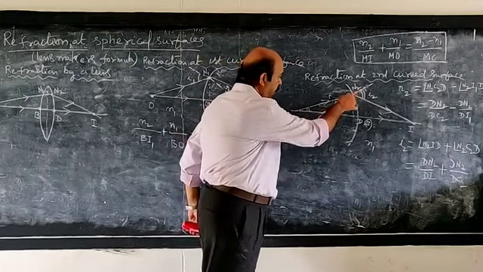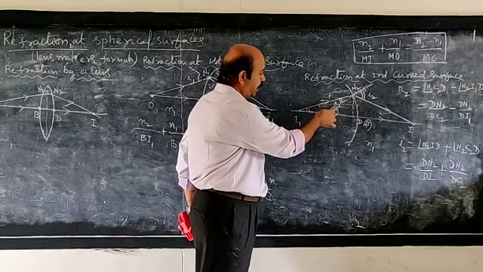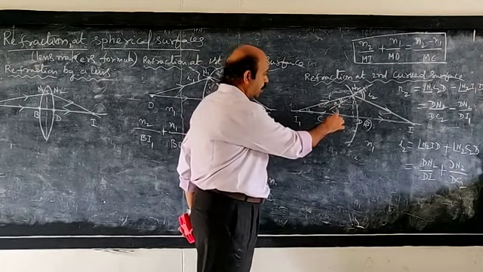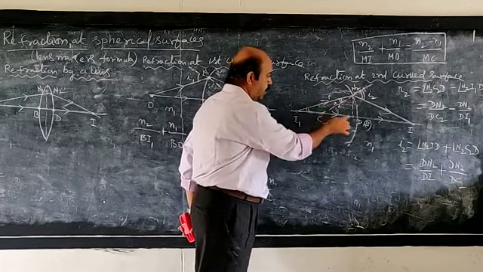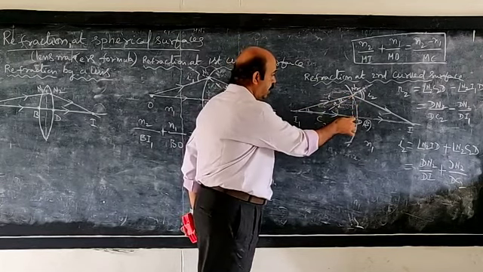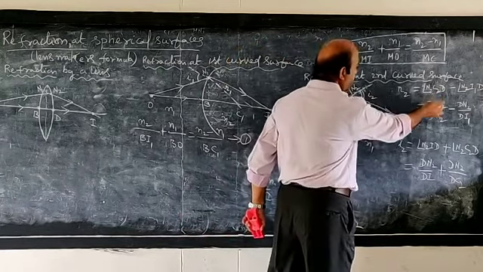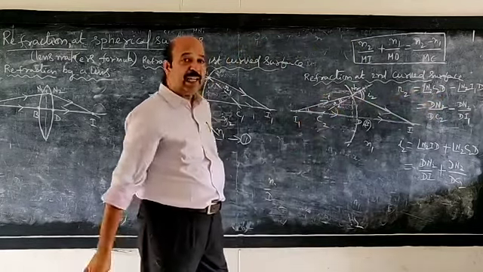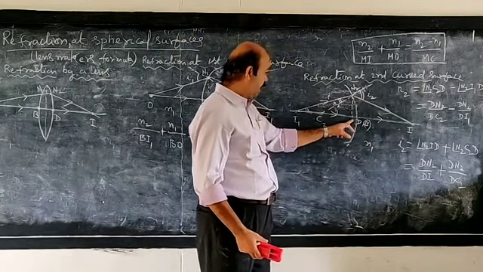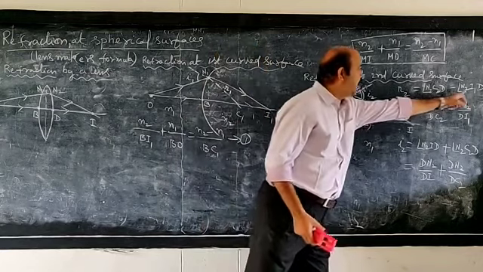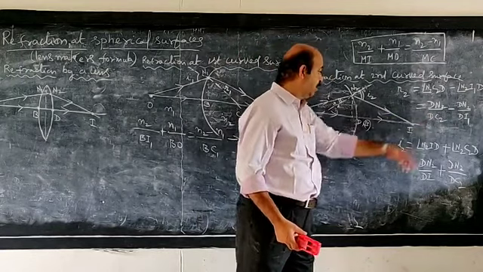This is the normal, which passes through the center of curvature C2. From the geometry, angle R2 is equal to angle N2C2D minus angle N2I1D. In the place of the angles, tangents are taken: tangent of this angle is dN2 by dC2, and tangent of the other angle is dN2 by dI1.